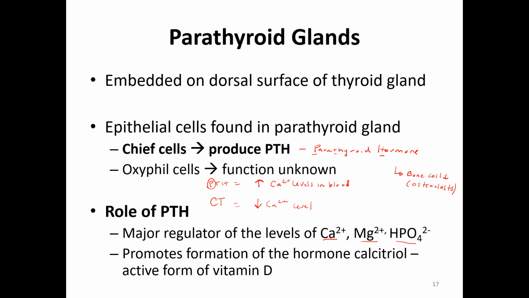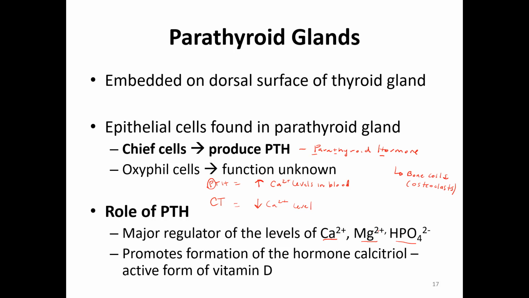So when we have active calcitriol, we can absorb the calcium that's in our food from the digestive tract into the blood. And so that's going to be an important role for parathyroid hormone as well, because it's ensuring that not only are we using the calcium that's stored in our bones, but we're also replenishing with the calcium from our diet.